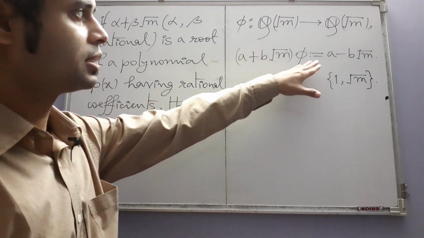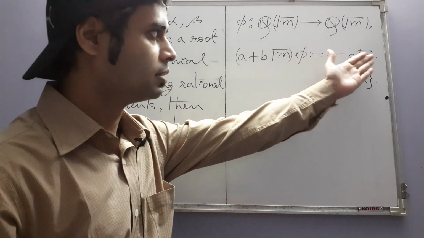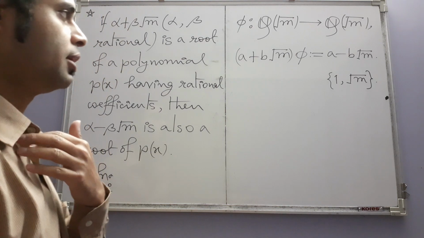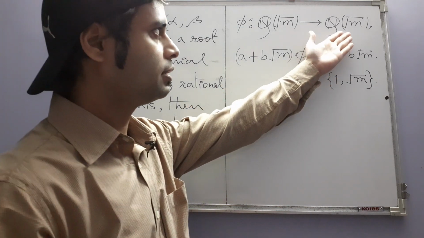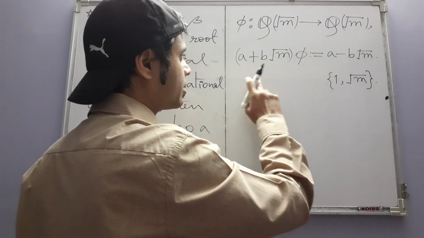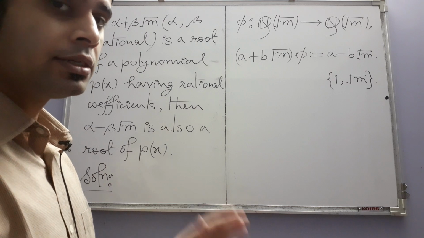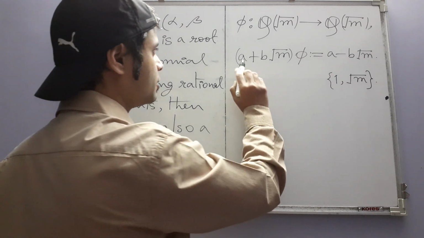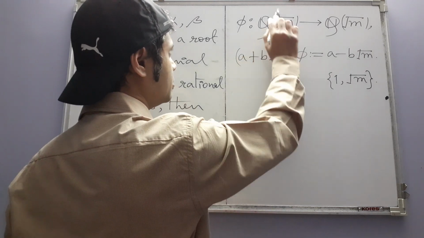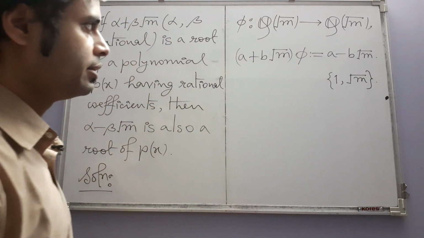So what we are doing is that applying phi to that element gives a minus b root m, which is also again in this extension itself. And you can clearly see that this is a well-defined map. Why is it well-defined? That's because for a given element in Q(root m), these a and b are uniquely determined.